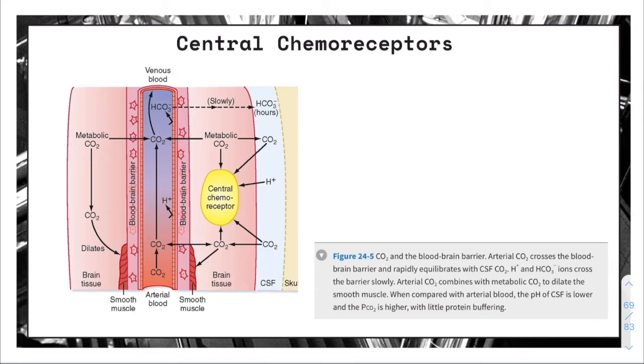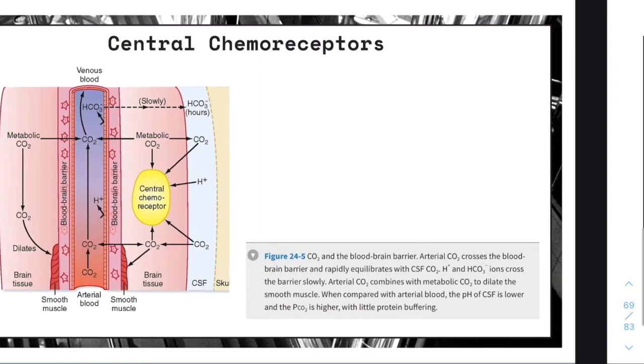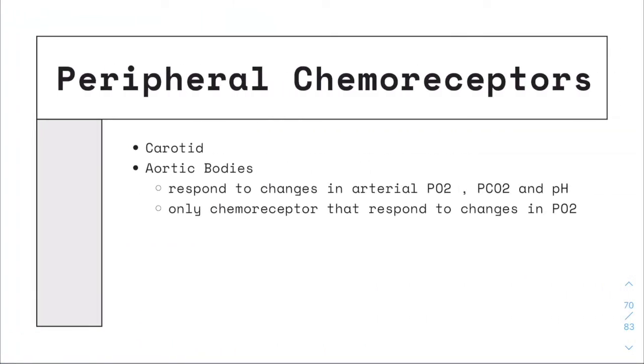So these changes in the CSF bicarbonate occur slowly, whereas changes in the CSF PCO2 can occur within minutes. Thus, compensation for changes in the pH of the CSF requires hours to fully develop. Okay, you have your peripheral chemoreceptors.